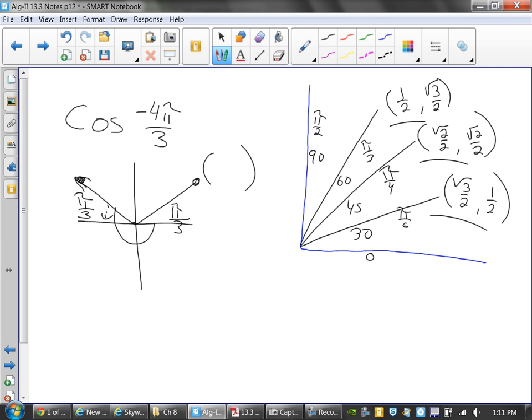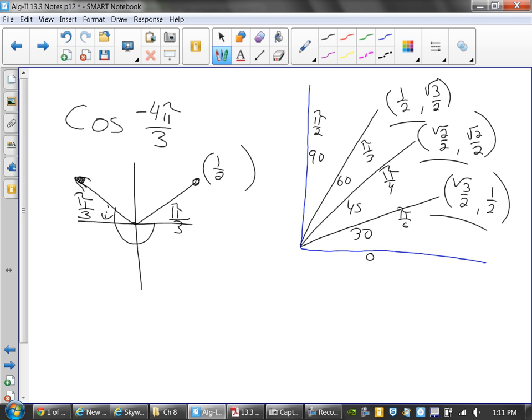If I'm dealing with cosine, is that the x or the y value? It's the x value. So the cosine of pi over 3 is the x value. Pi over 3 is 60 degrees. If you look at your right triangle, if you don't remember off the table here, the cosine is 1/2. So that means the cosine is 1/2 in the first quadrant.